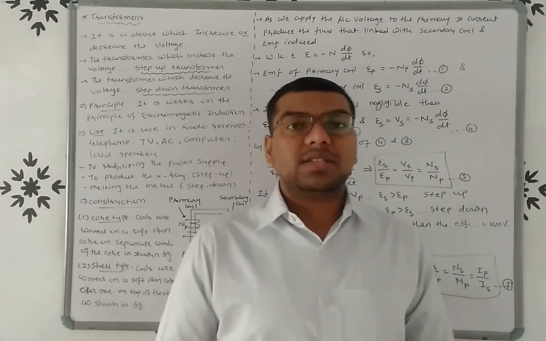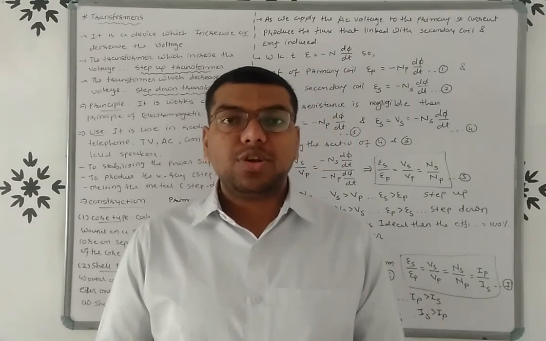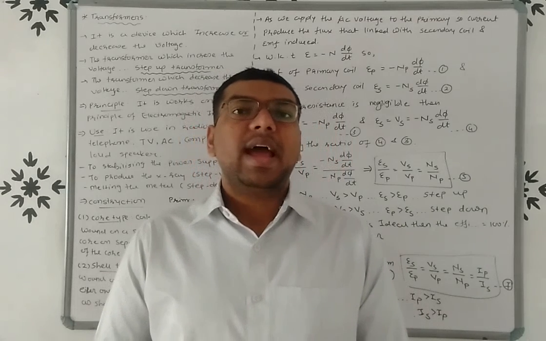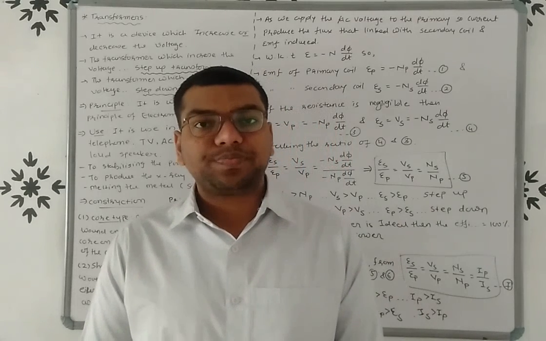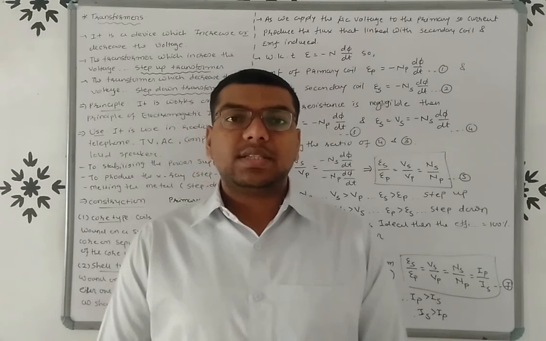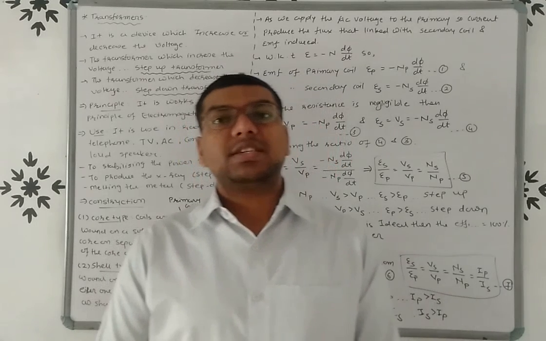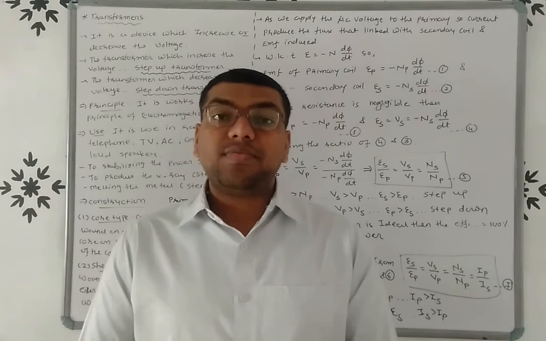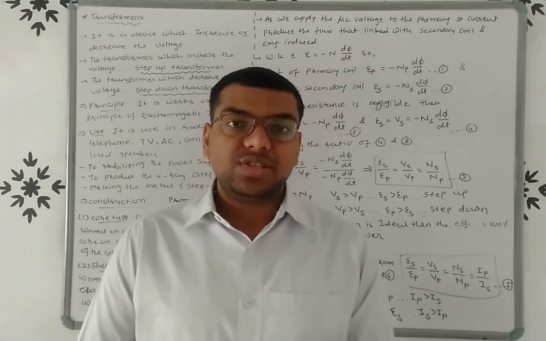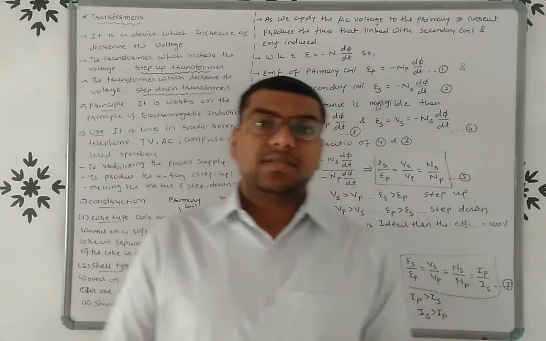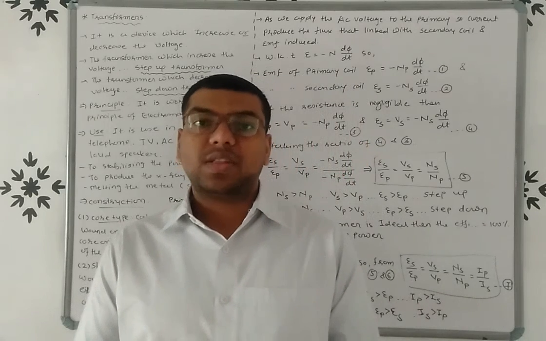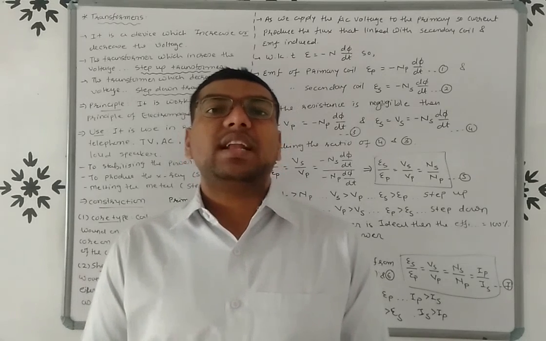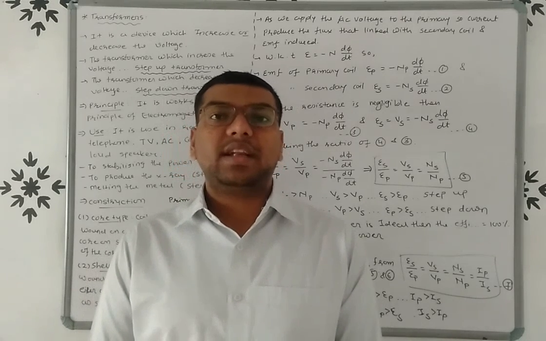So here the losses are first due to noise, second hysteresis loss, third eddy current loss, fourth resistance of the coil. And the fifth loss is the flux leakage, right? Due to the flux leakage, the efficiency of the transformer decreases, right? So these are the losses in the transformer.